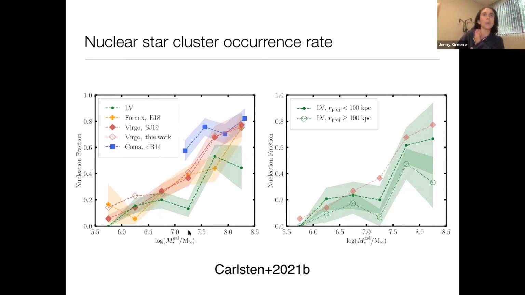So Coma, at 10 to the 7.5, if you're a satellite in Coma, you have twice the likelihood to host a nucleus as if you were a local volume satellite.